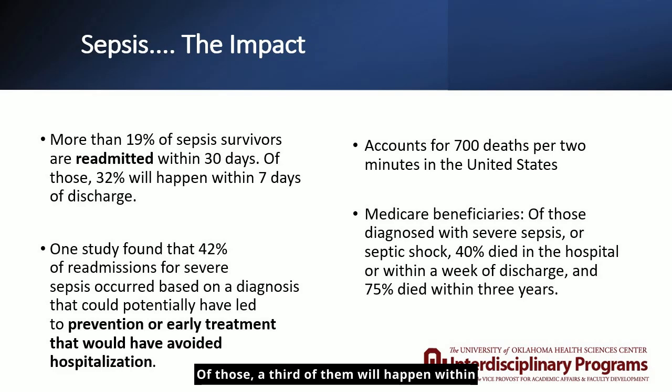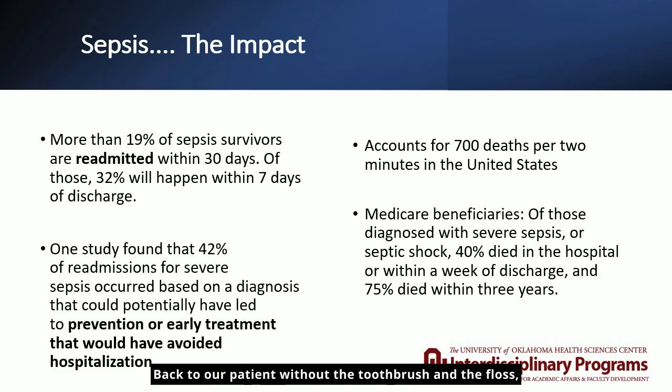Of those, a third will happen within 7 days of discharge, which means that there were probably clues when they were discharged, and certainly things that we could give them, arm them with, to try to reduce that. One study found that 42% of readmissions for severe sepsis occurred based on a diagnosis that could have been potentially prevented. And so back to the source.